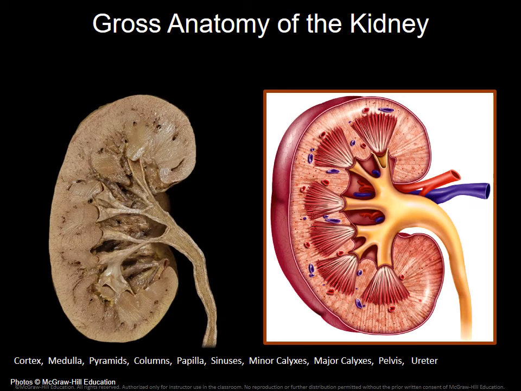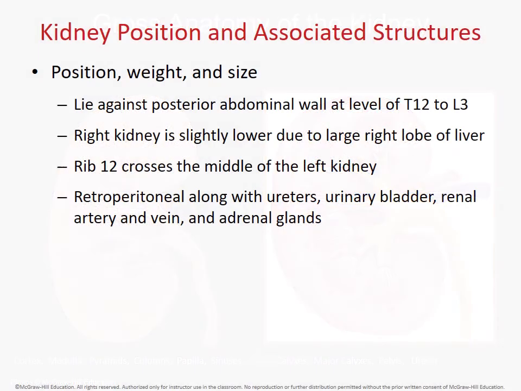And here we see a diagram of a kidney next to a photograph of a cadaver kidney. Again, as I mentioned earlier, the kidneys are retroperitoneal, meaning very far back behind the peritoneum in the abdominal cavity, and really most of the system is retroperitoneal.